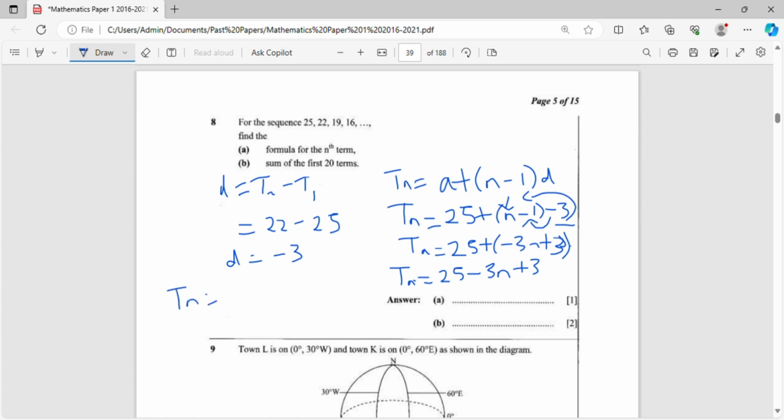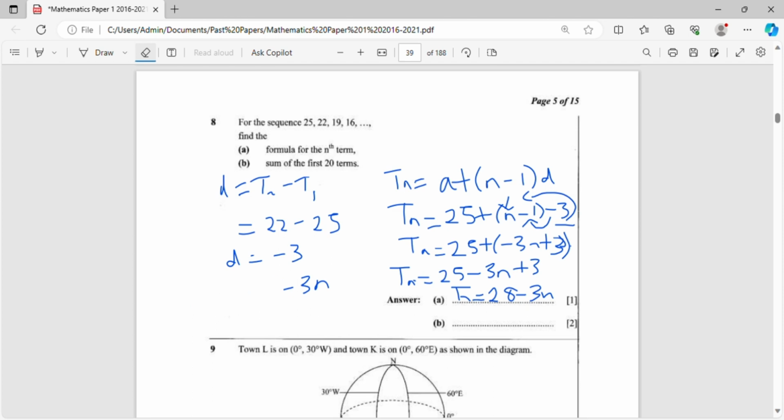We'll group the like terms, 25 plus 3 minus 3n. So our nth term will be equal to 25 plus 3 is 28 minus 3n. So that's the formula of our nth term. The second question here asks us, what is the sum of the first 20 terms?